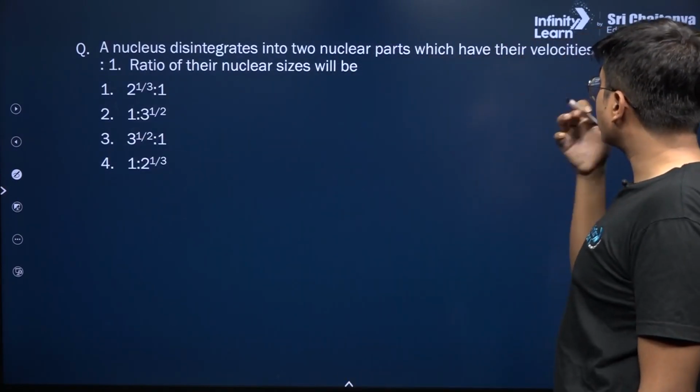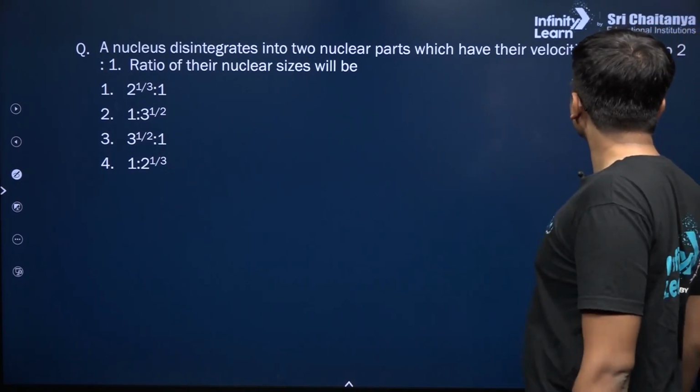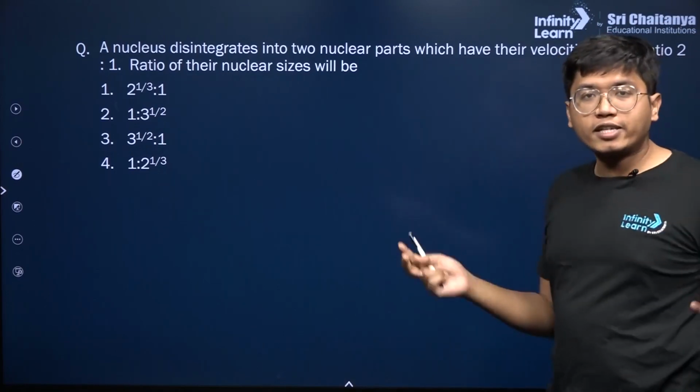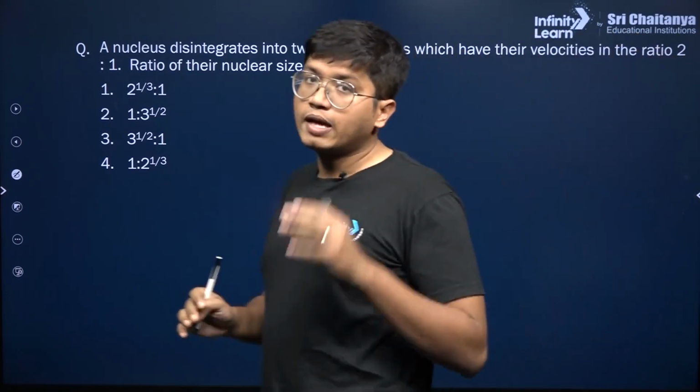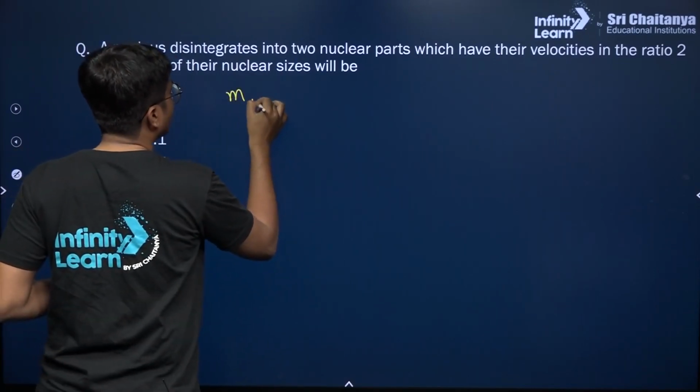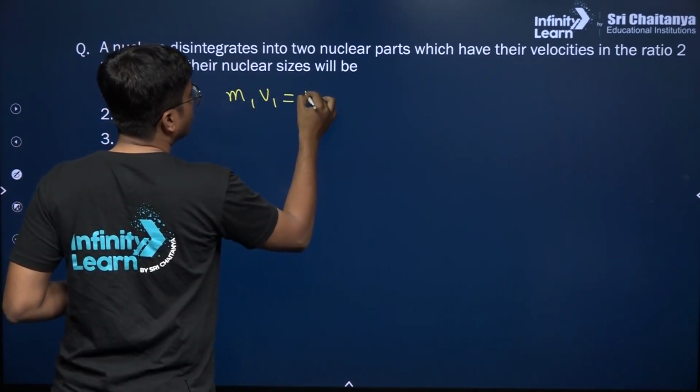Next, a nucleus disintegrates into two nuclear parts which have their velocities in the ratio of 2:1. The ratio of the nucleus sizes will be. So when they disintegrate, again conservation of momentum has to be maintained, which means m1v1 has got to be m2v2.